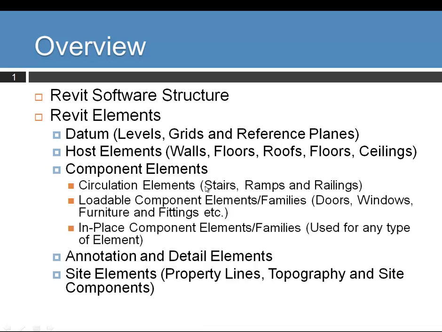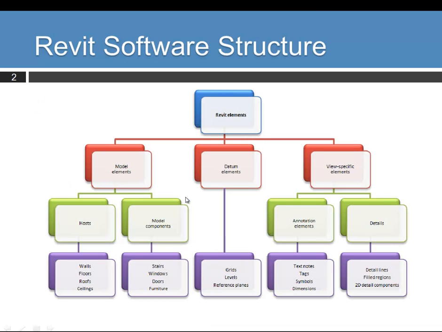Okay, sorry about that. Okay, so I've got this basic Revit structure diagram which shows you how all of these things fit together. And so you can see on the left we've got the model elements, which are those building elements I was talking about, and really that's probably what you'd want to focus on at first, so you know how to make all of the parts of the buildings that you need to, but also understanding how you can then control those things.